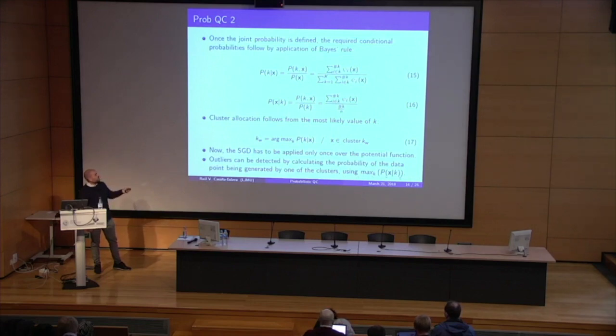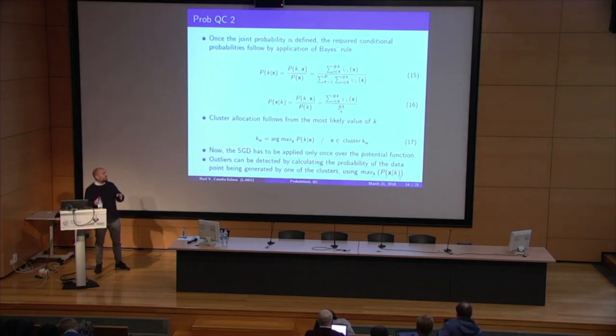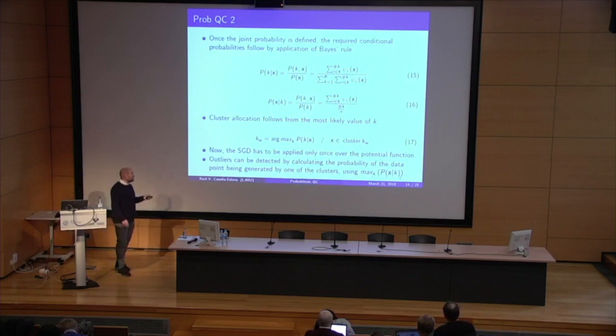Another thing is that with the probability of X given K, we can do outlier detection, because if the maximum probability of assigning that observation to any cluster is less than a threshold, we can consider that that region belongs to an outlier. It should be something like that.